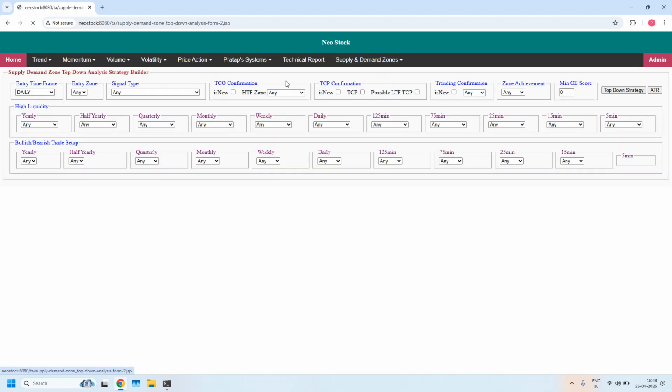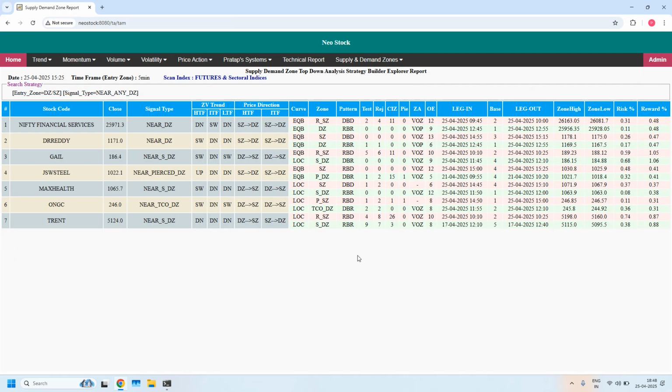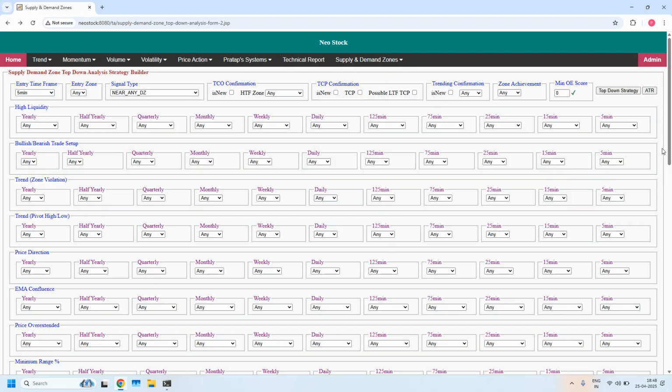Next time frame is 5 minutes. Stocks near 5 minutes demand zone. We got 7 stocks. Let us further filter these 5 minutes demand zones based on the 5 minutes demand zone having confluence with 15 minutes demand zone.